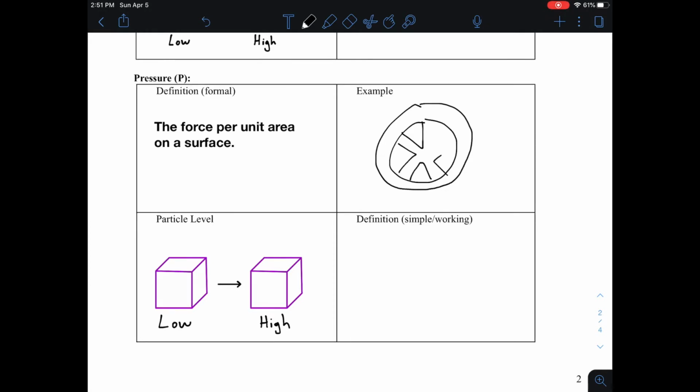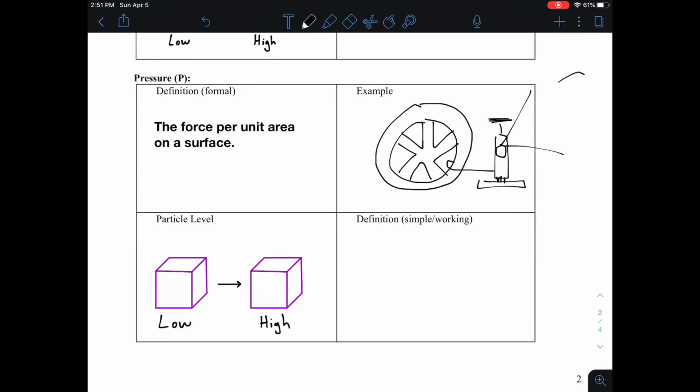Let's see. I'm not the best drawer, but you get the idea. Let's say we put that tire, let's say we had a pump, right? It's going to look like a bike pump. There we go. And on that bike pump, there's probably going to be some sort of gauge.